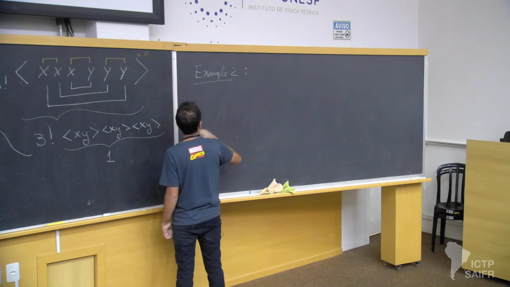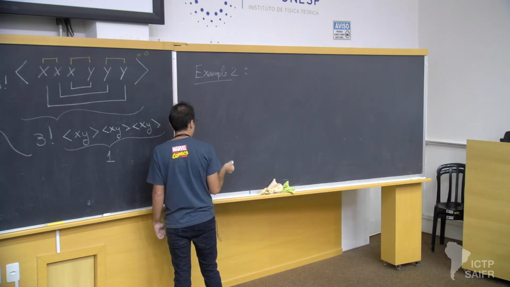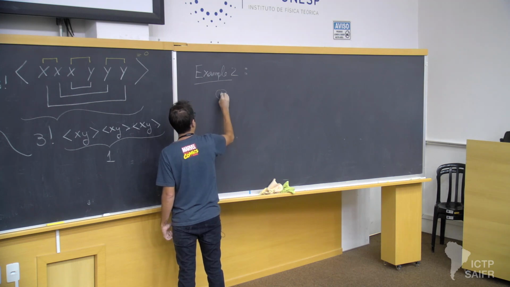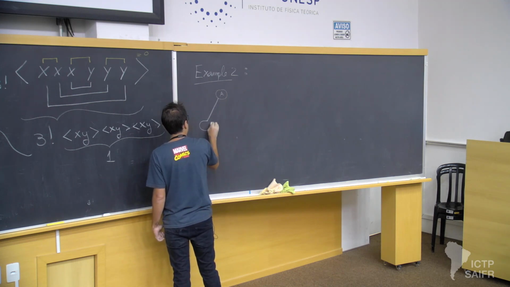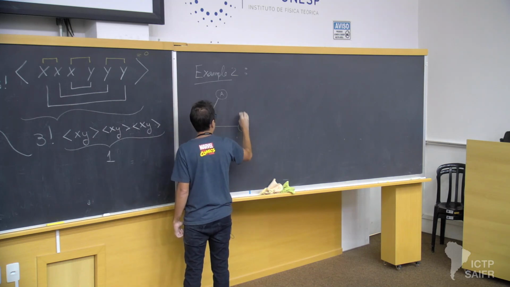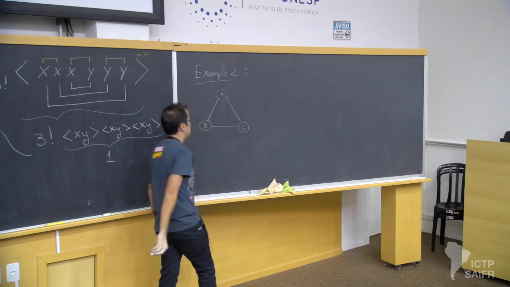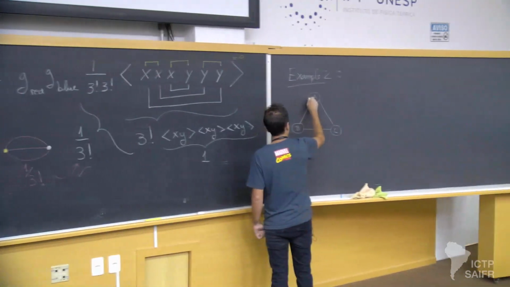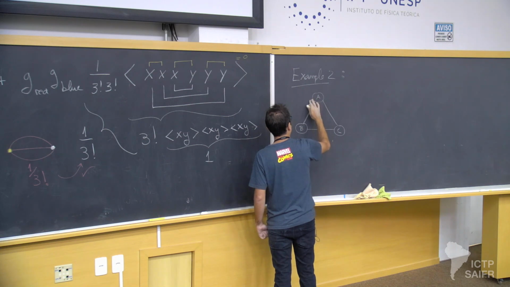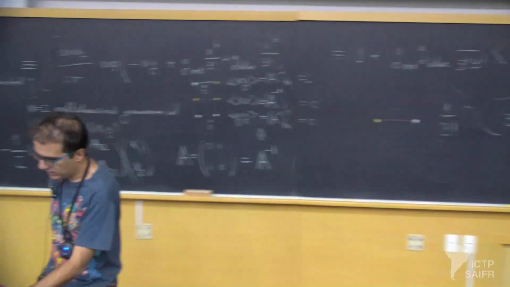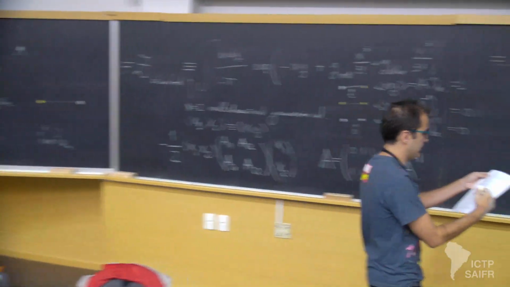Suppose now I have three colors. So let me indicate them by A. A can couple to B. And let's suppose, okay, all quartic vertices.